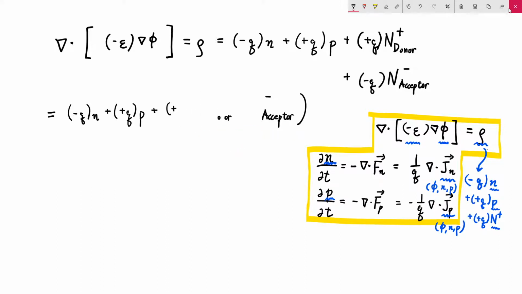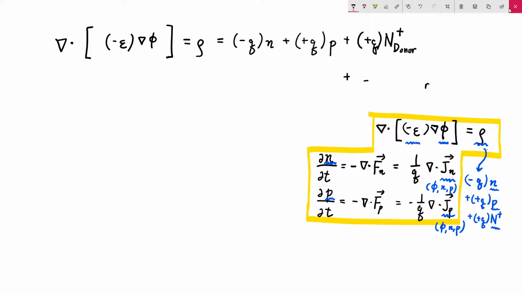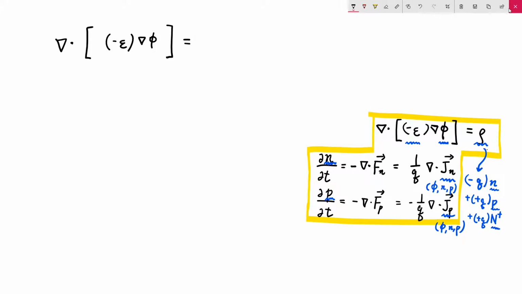Now let's come back to our main discussion. Up to now, we have introduced three equations required for the drift diffusion model: the Poisson equation, although it is not exactly the Poisson equation, and the electron continuity and hole continuity equations. The electrostatic potential, electron density and hole density are the unknown variables.